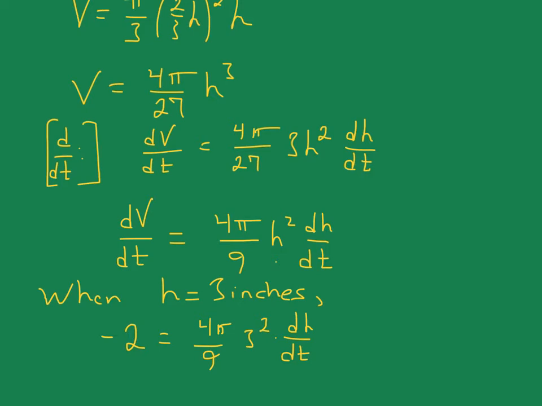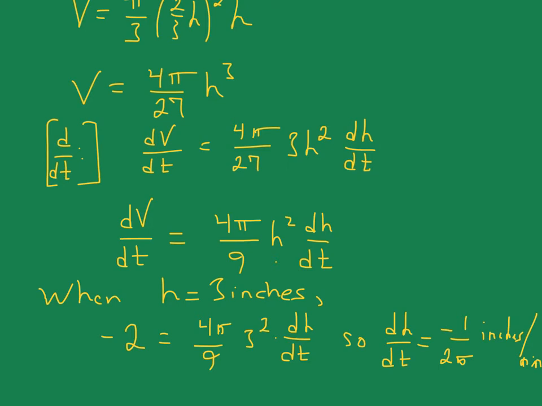So now what? Well, now all we need to do is solve for dh dt. And what is dh dt? Well, that implies, so dh dt is equal to, well, that 9s are going to cancel, and we'll have minus 2 divided by 4 pi, which is equal to minus 1 over 2 pi, and our units for this height will be inches, and our time unit here was per minute.